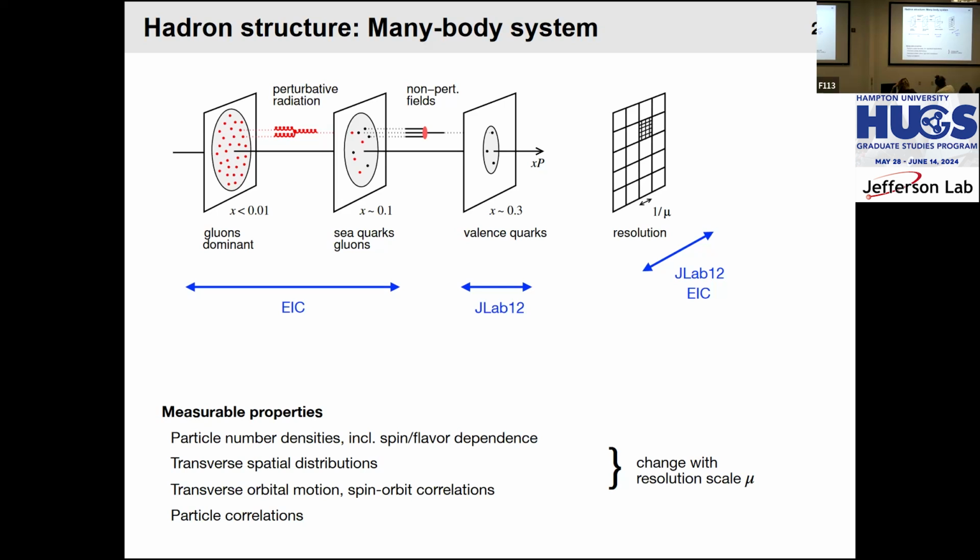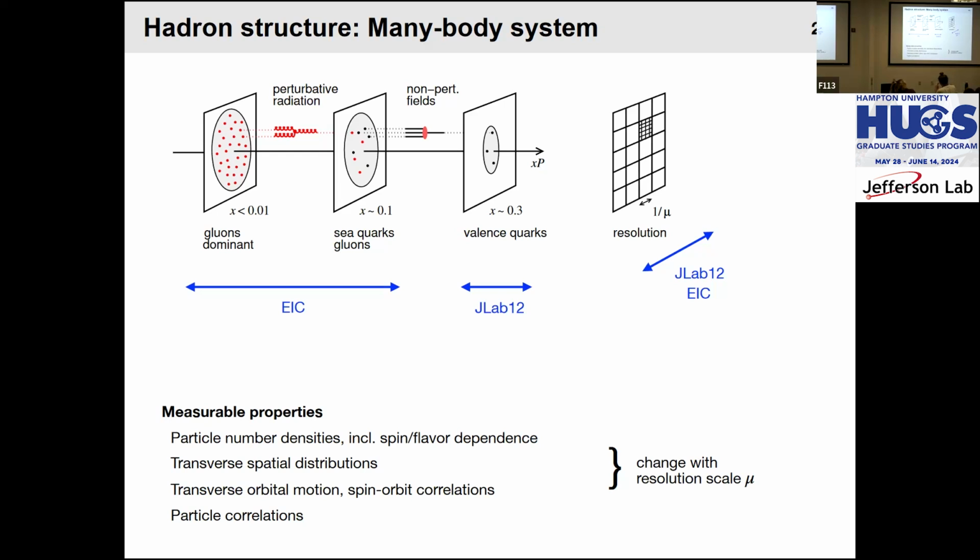And another thing we can do with the EIC: all these structures depend on the resolution scale, and with the EIC we obviously have a much wider range of Q² and can probe the system at different resolution scales. So for example, studies of the partonic structure at x around 0.1 as a function of Q² will also become possible with the EIC.